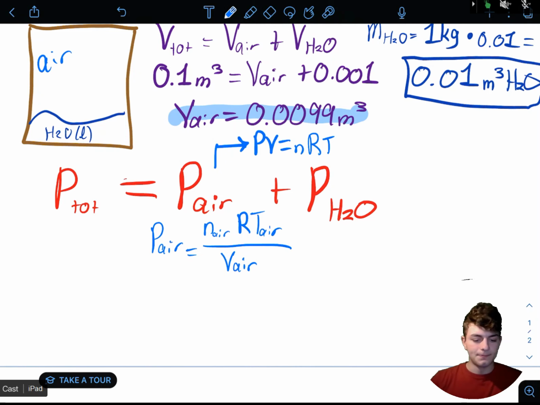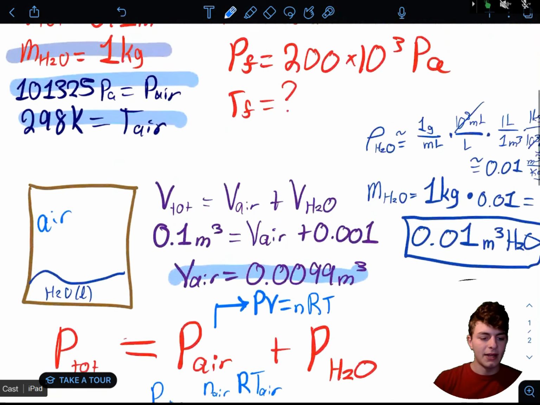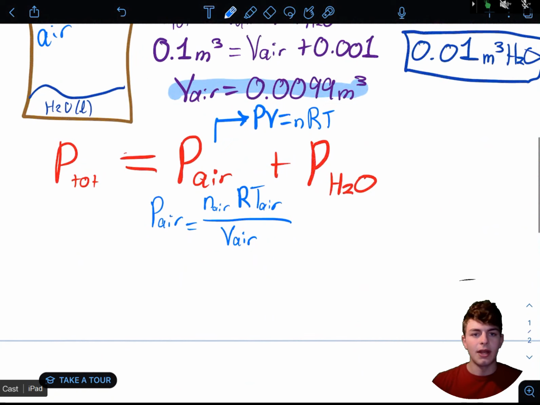Okay, cool. We have all of these parameters here, except for one. And that parameter that we don't have is the moles of air. The moles of air we can find based upon its initial pressure and initial temperature. So we're just going to use the ideal gas law again.